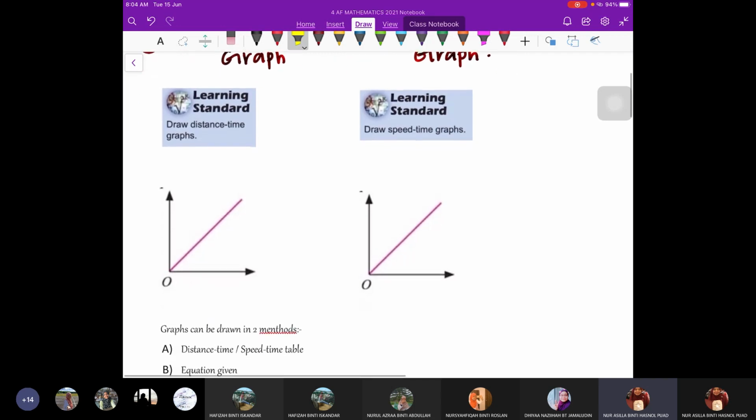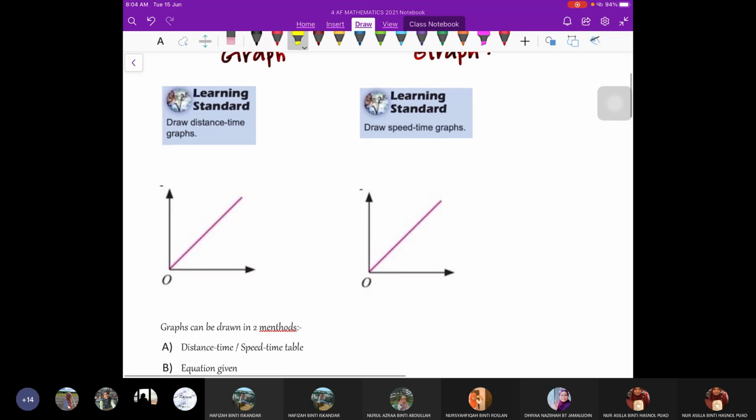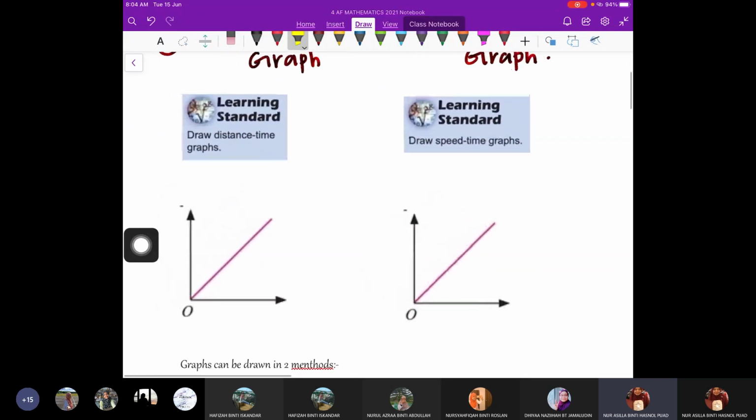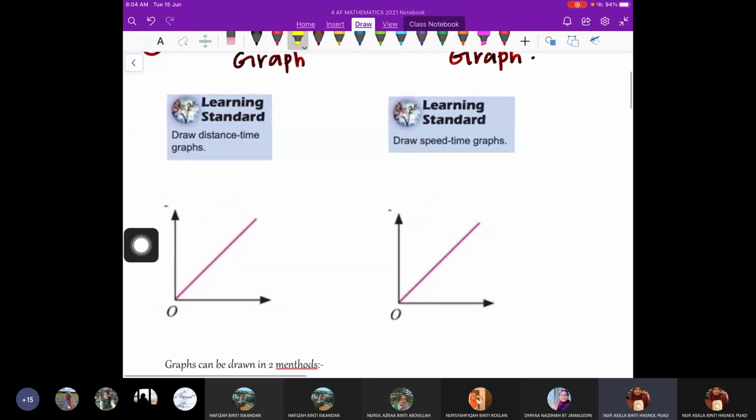Okay, so learning standard yang sebelah kiri is actually adalah learning standard yang pertama for the first subtopic. Sebelah kanan is the first learning standard for the second subtopic. Okay, but I do it side by side. Why? Because let's look at the learning standards. Sebelah kiri says to draw a distance time graph.